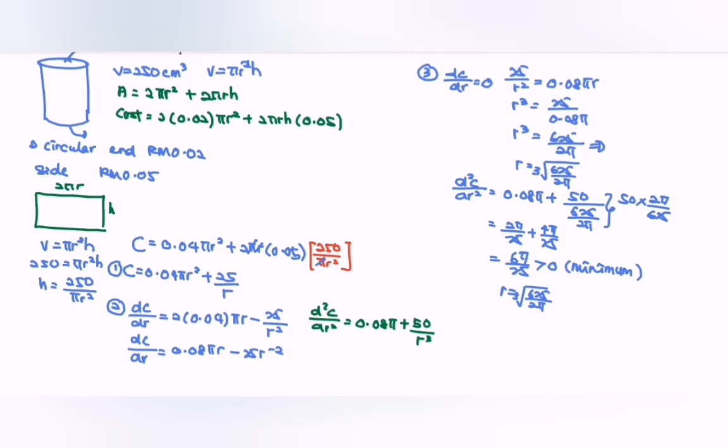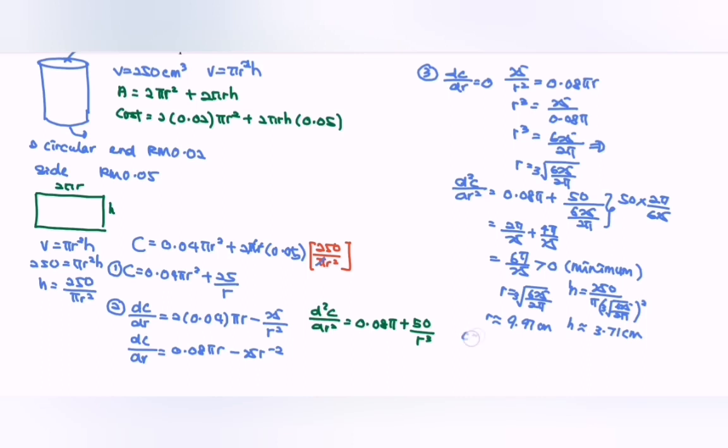The question asks what is the dimension? So r is equals to cube root of 625 over 2 pi. Then what about the h? For the h, we have to substitute 250 over pi r squared. In here we have cube root of 625 over 2 pi, bracket square. Based on the calculation, the h is approximately 3.71 cm, whereas for the r, we have approximately 9.97 cm. So this is what we call the minimum dimension.